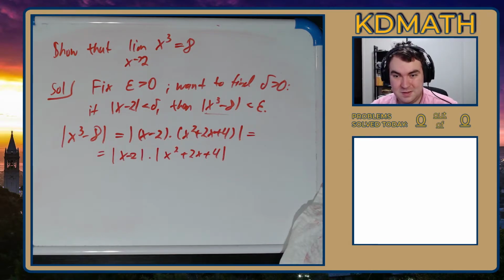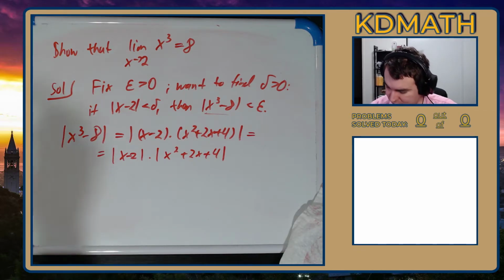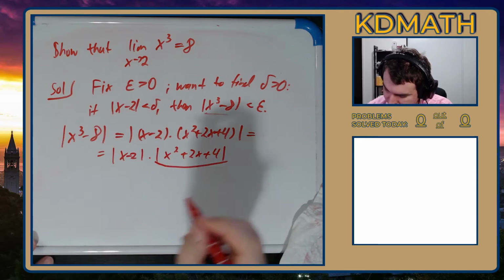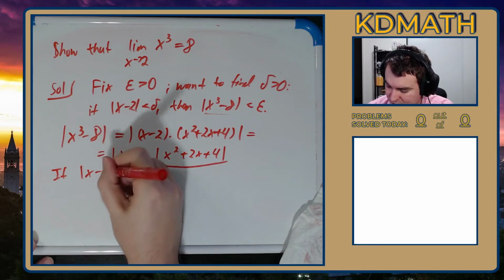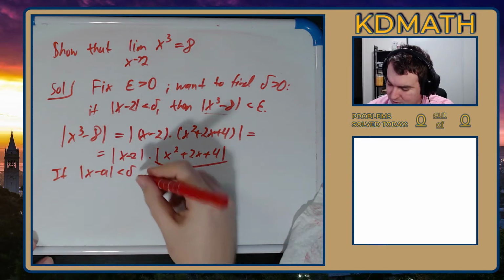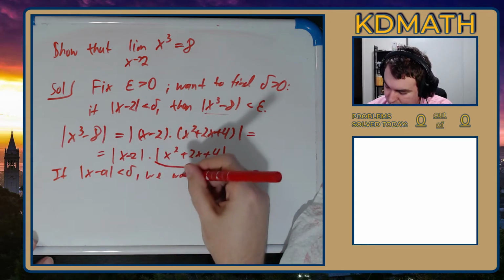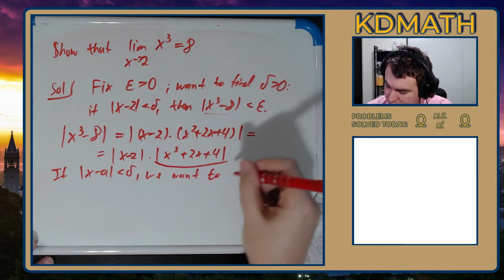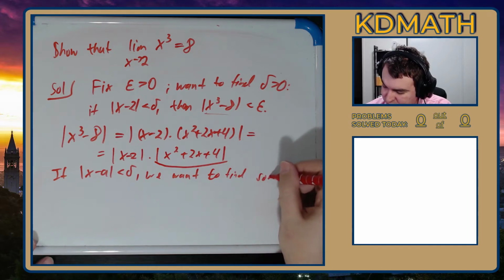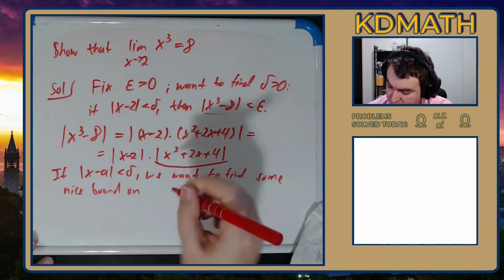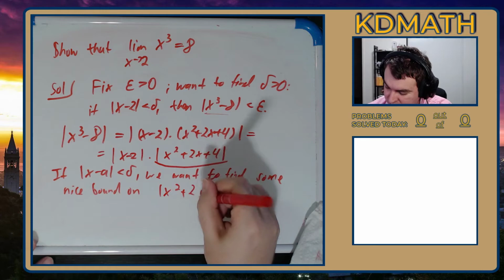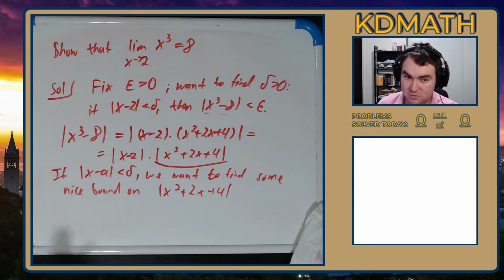And now we have to apply something clever. We're going to be very, very smart about this. Let's look at just this part. If absolute value of x minus a was less than delta, we want to find some nice bound on x squared plus 2x plus 4 in absolute value.